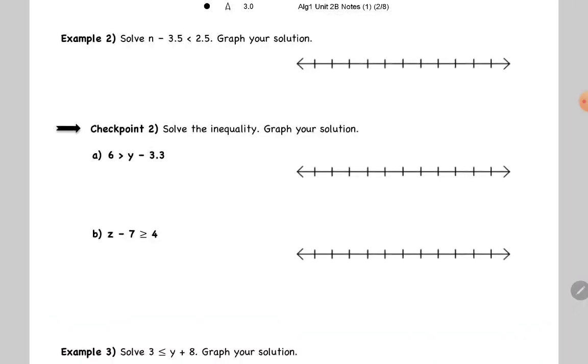Just like our equations, we sometimes have to solve for a variable. So you use the same method. We're just trying to get n by itself.